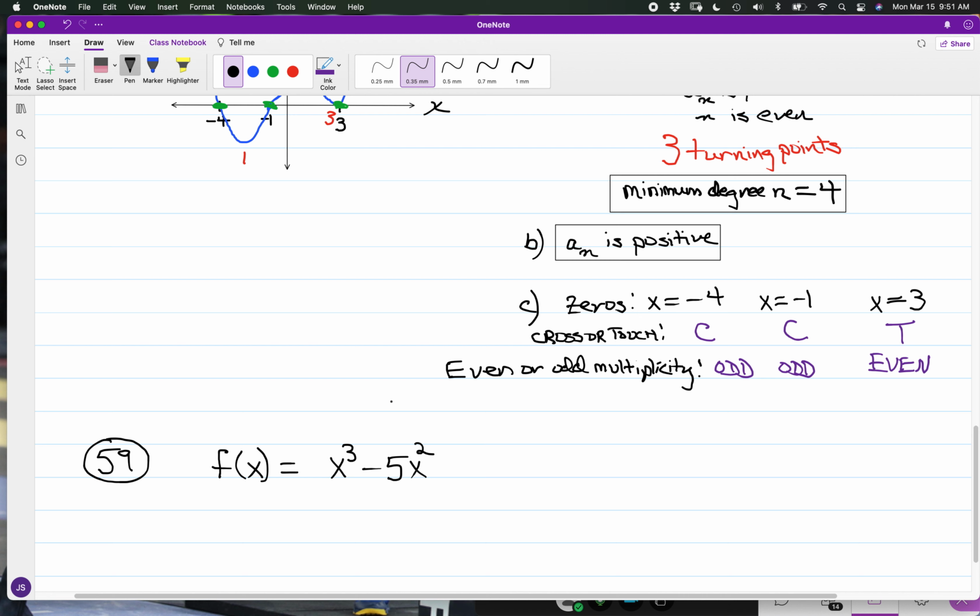Now for the mechanics involved, if we look at the end behavior first, the leading coefficient is going to be 1. So we have that a of n is equal to 1, and that's going to be a positive value.